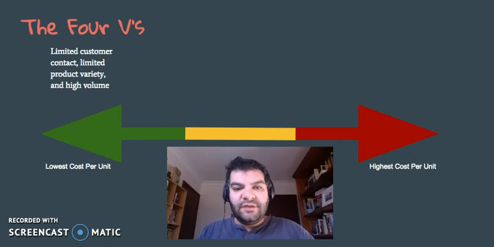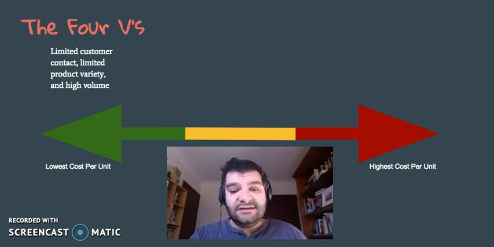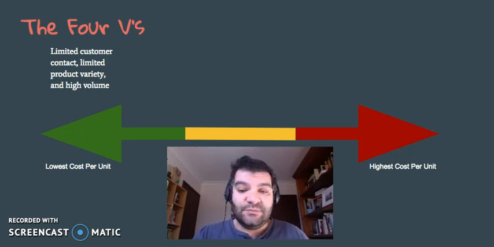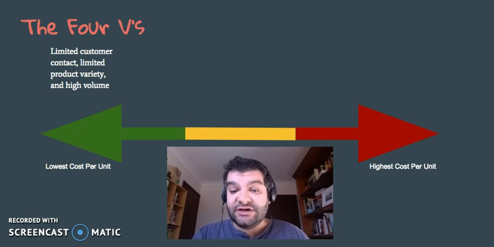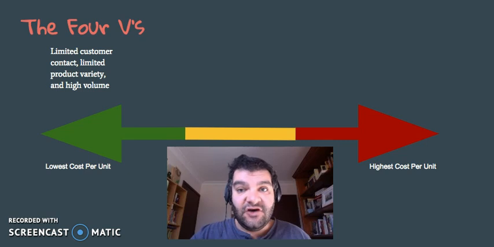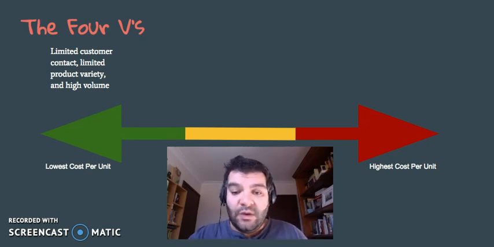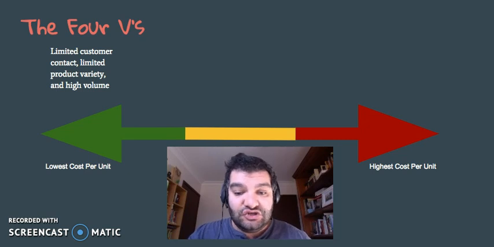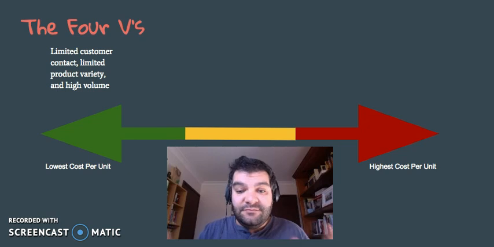So if we were to have limited customer contact, so very little actual contact with what customers want, that reduces costs because you're not putting in any resources to find out what they want. Limited product variety, so you're only making one product, and high volume, you're churning it out in extreme numbers, so a couple of million at a time.